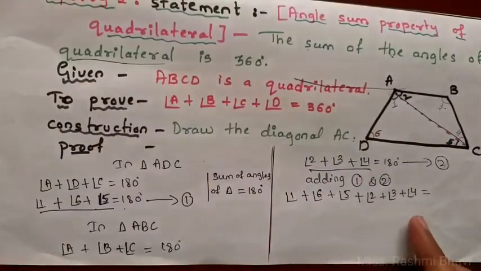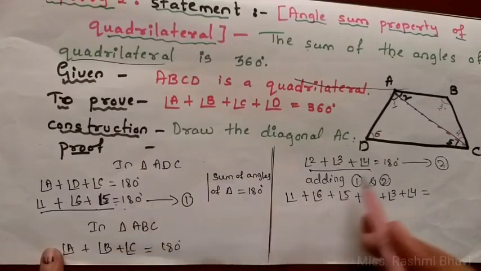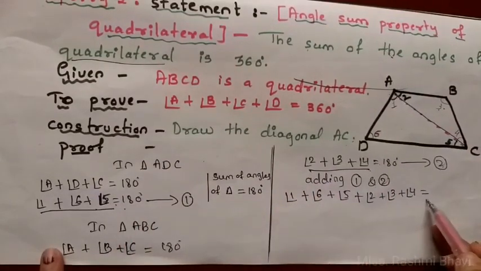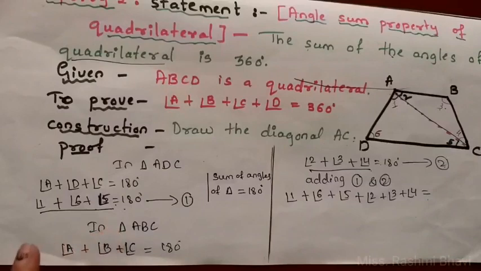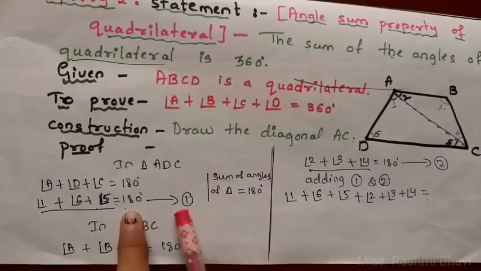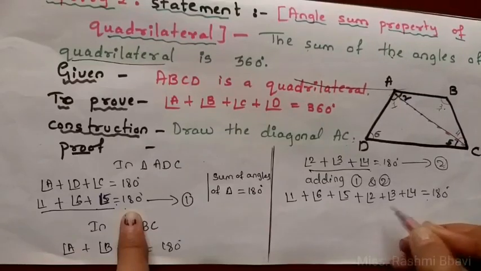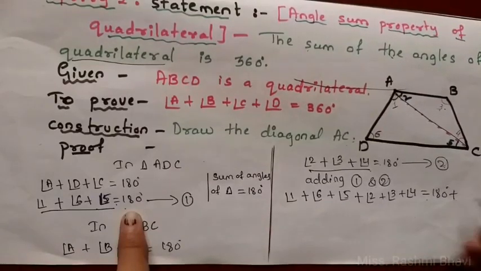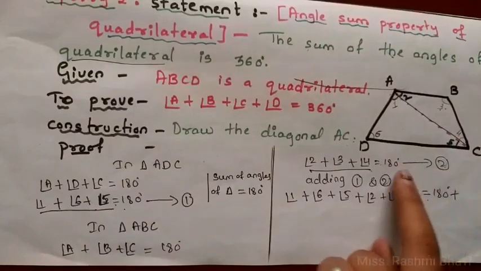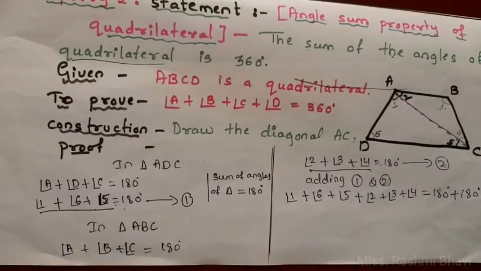Here I am adding only the left hand side part separately. Next we have the equal sign, write the equal. And next we add the right hand side separately. The right hand side of equation 1 is 180 degrees. Here we are adding equations 1 and 2, so write the plus symbol. And the right hand side of equation 2 is again 180 degrees.